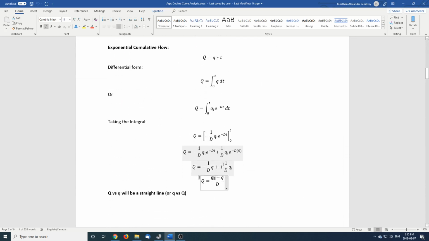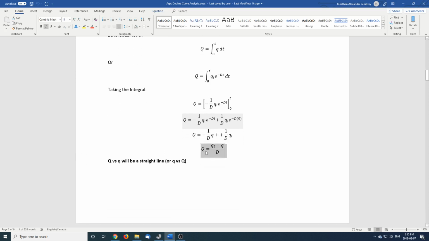All right, cool. So if you look at this equation carefully, what do you see? You see that Q, which is the cumulative total that you've flown, has a straight line relationship with q, where the slope is negative 1 over d, and then you'd have an intercept here, which is qi over d.